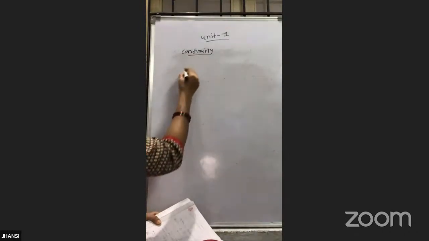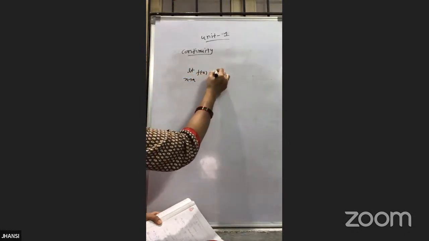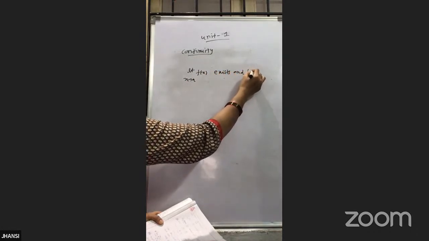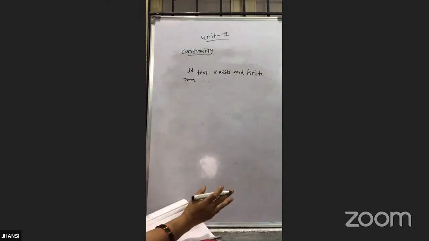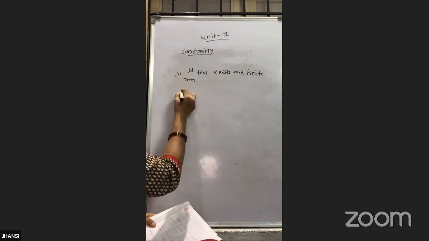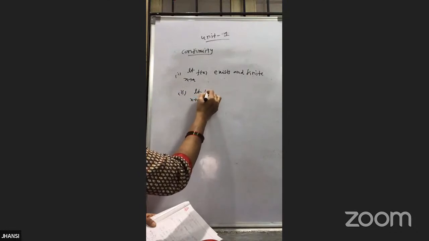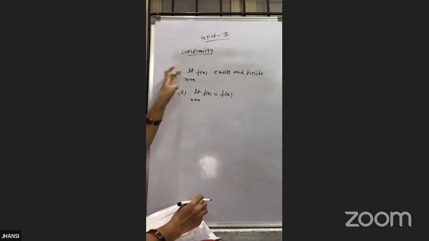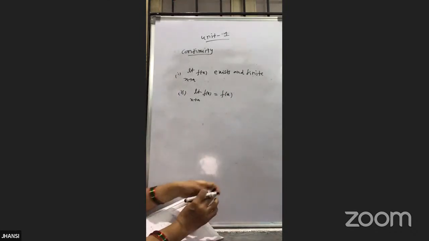So first, the limit as x tends to a of f of x should exist and the value should be any finite value. It should not be any indeterminate form or undefined form. Second, this limit as x tends to a of f of x should be equal to f of a. If these two conditions are satisfied, then the function is called a continuous function.